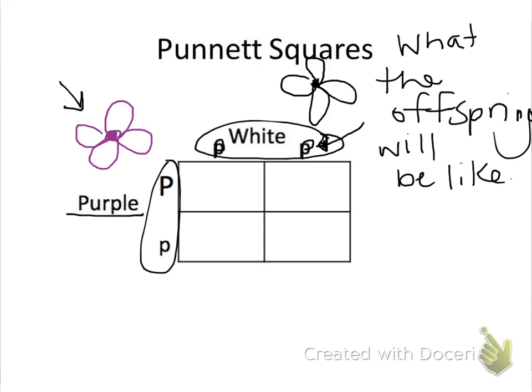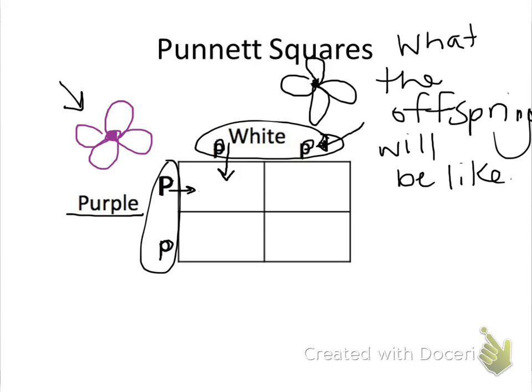In this situation, this flower has one dominant allele, represented by the capital P, and one recessive allele, represented by this lowercase p. What we do now is, in each box here, we're going to look and see what the mother genotype is and what the father genotype is and put them together.